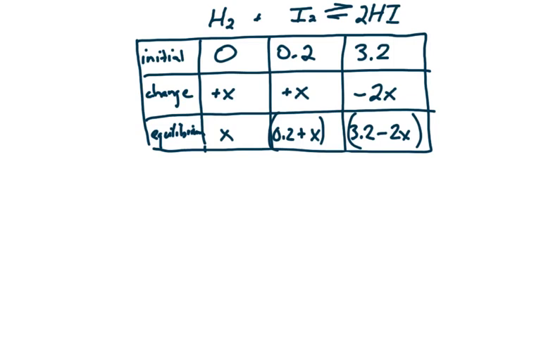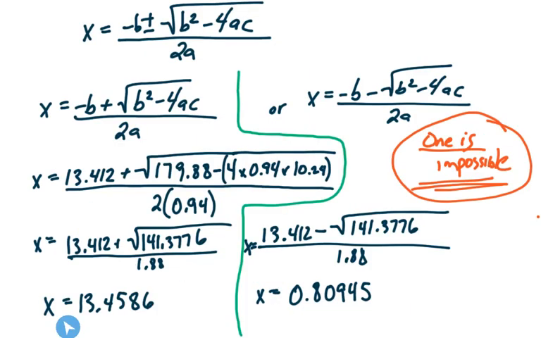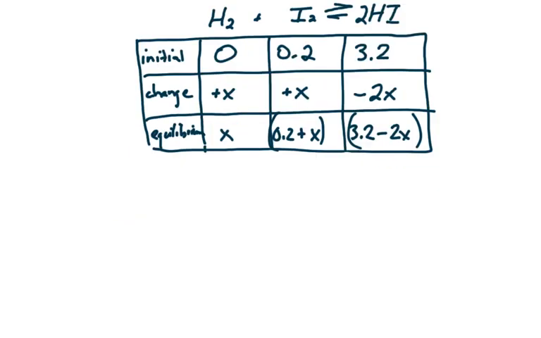Well, which one of those is going to be impossible? It looks to me that the clear answer is this value for x. Because look at how large it is, 13.45. I don't even have that much here. So if my initial concentration was 3.2 molar and it changed by 2 times x, 2 times 13 is 26, I don't even have that much of a concentration to start with.